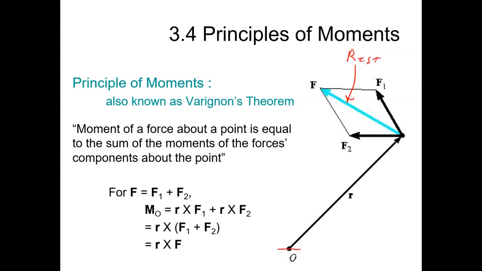Also, there is a point of rotation. So moment is the tendency of the system to rotate. In this case, that resultant is making my system rotate counterclockwise. Is everyone comfortable with that?